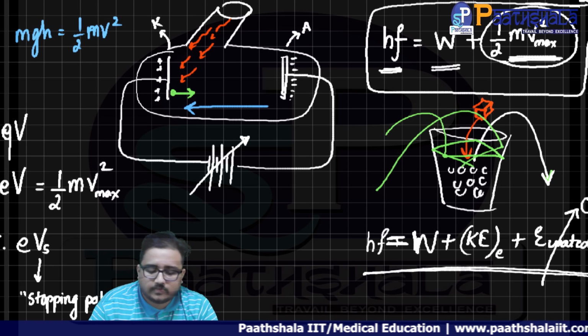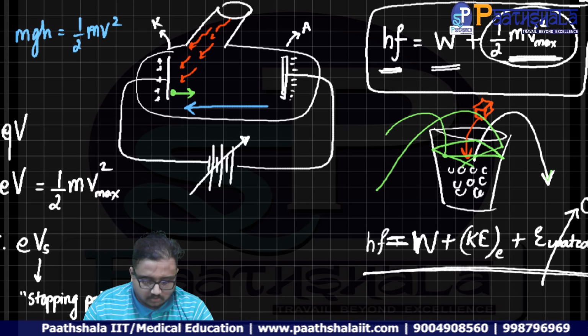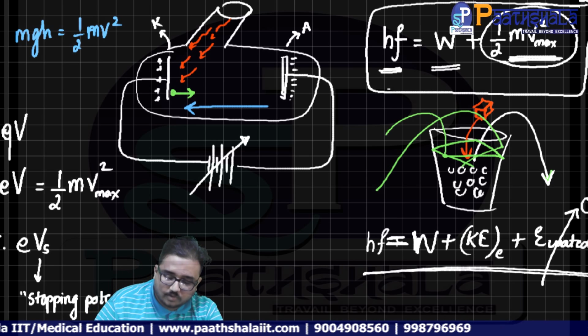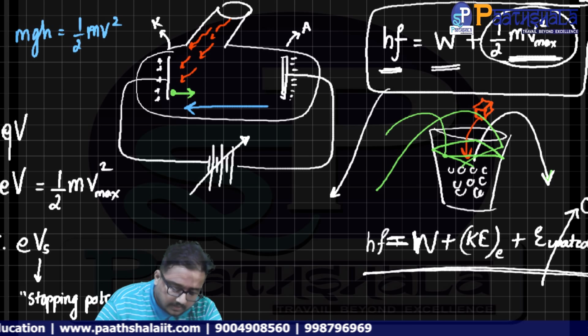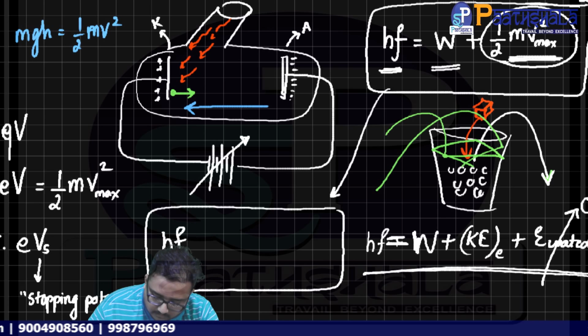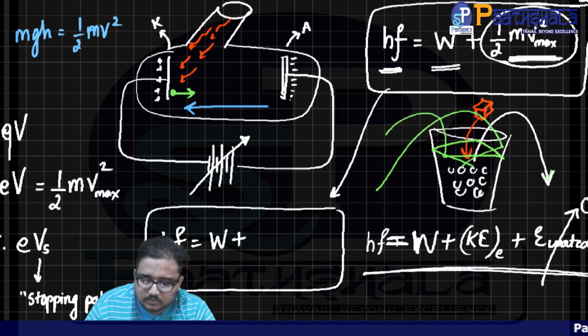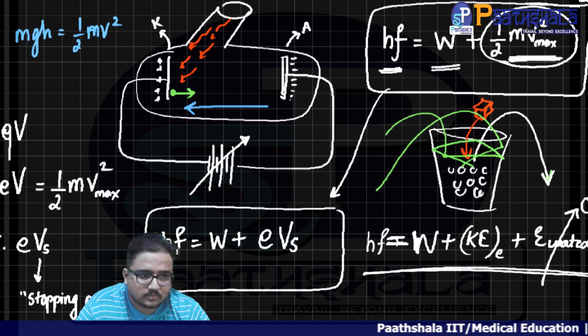It's actually negative, but since we labeled it anode earlier, I am calling it the anode. And hence in this photoelectric equation, HF is equal to W plus, we'll replace the half m V max square term with E times Vs.